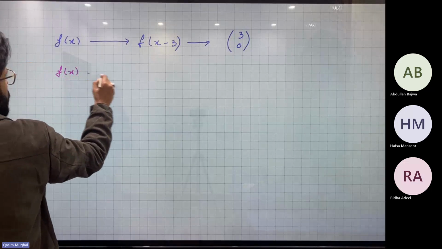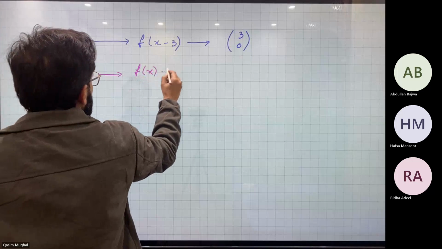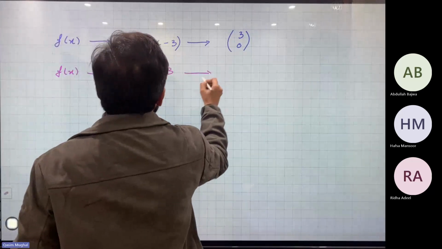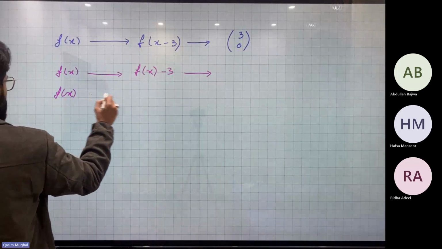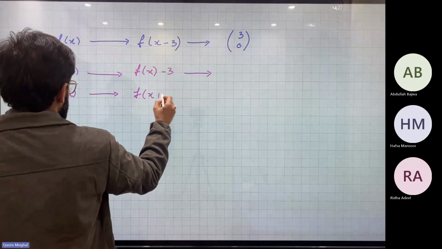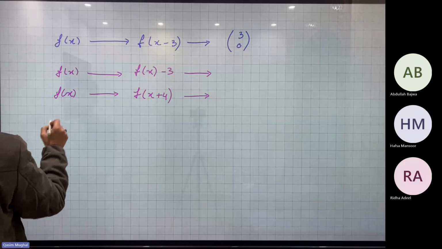F of x and then minus 3 outside. What would be its vector? F of x plus 4. What would be the vector of it?